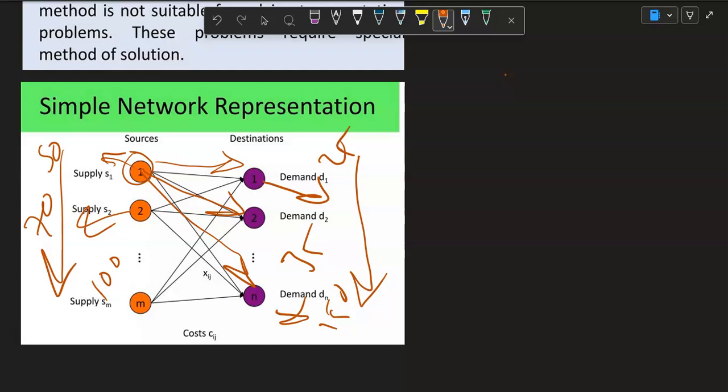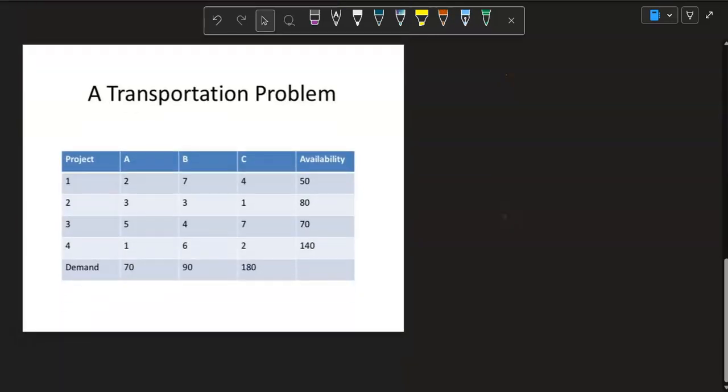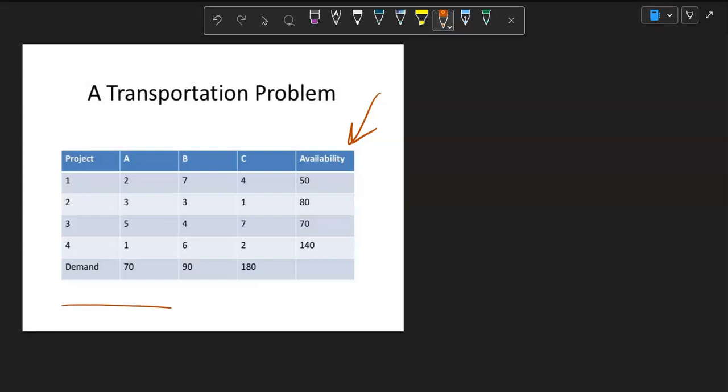Okay, having introduced that, we are going to look at this particular problem here. This is a table giving you the demand and the supply. Basically, on this side are your supply centers, and basically what you have, your A, B, C, these give you the demand.